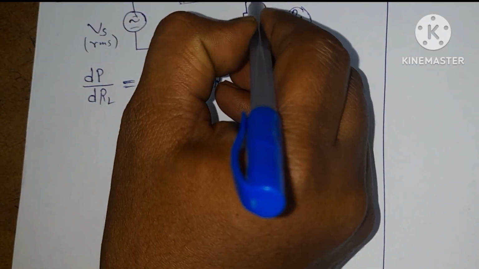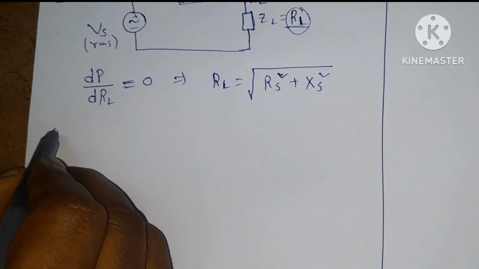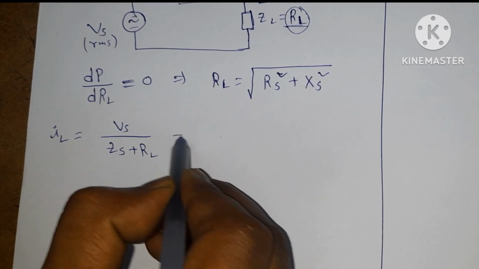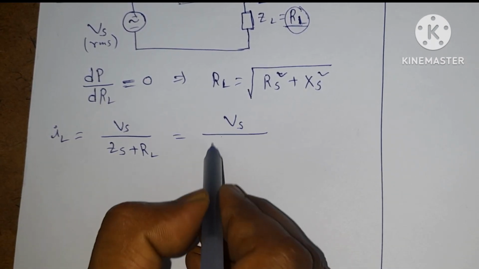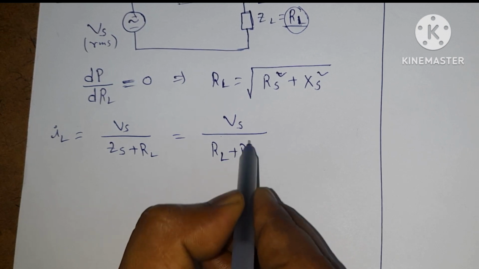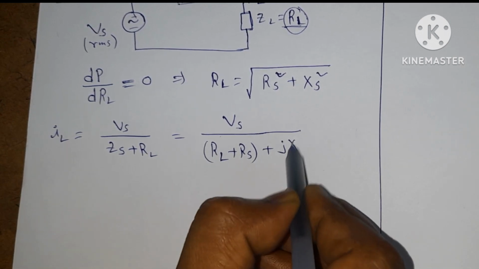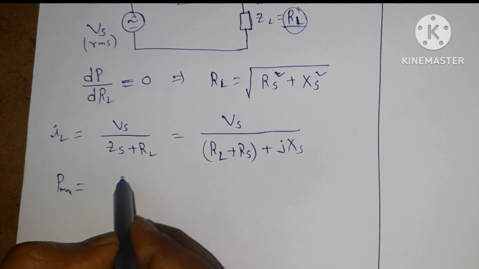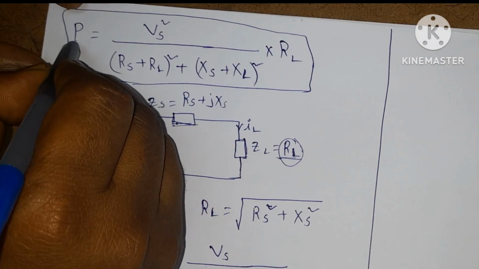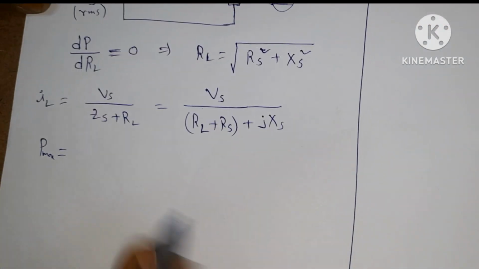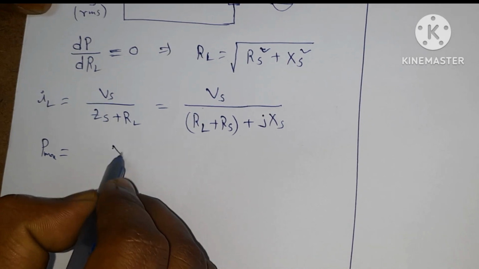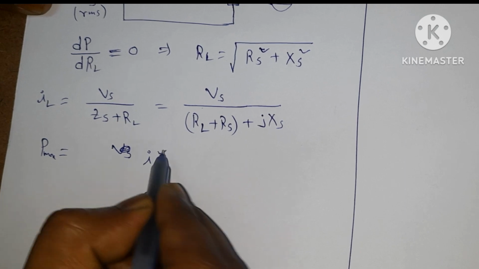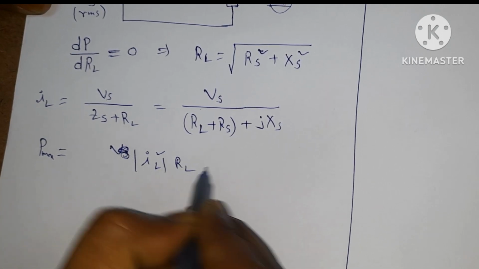Now find the maximum power transfer. Let the load current be IL. IL is equal to Vs by (Zs plus RL), so Vs by (RL plus RS plus jXS). Now what is the power? That is the maximum power. P max is equal to modulus of IL square into RL.